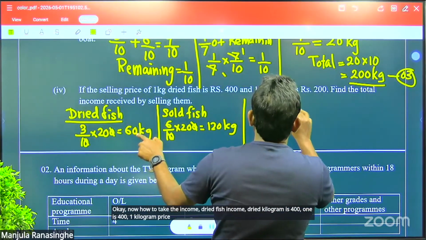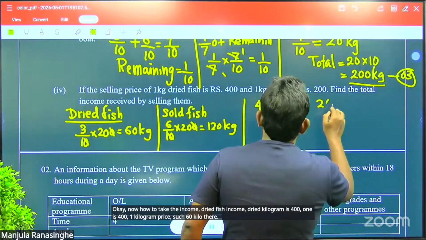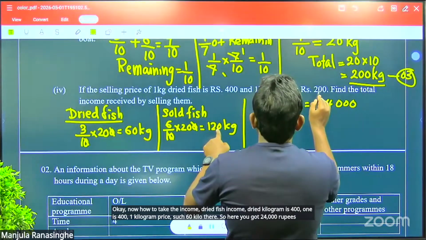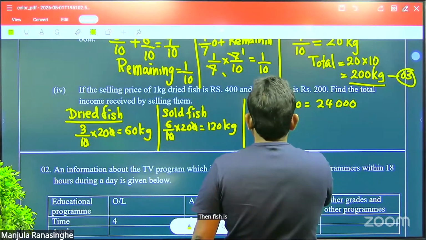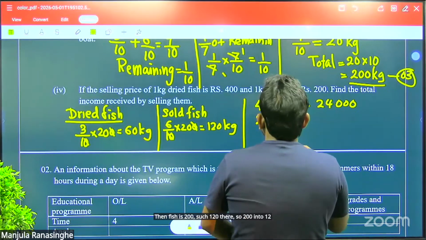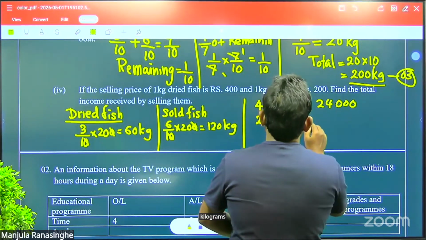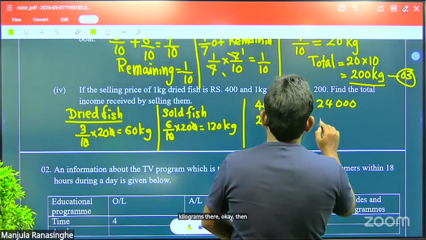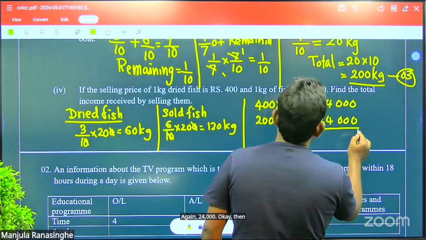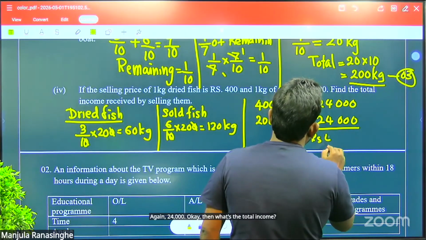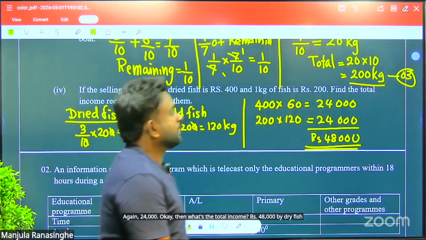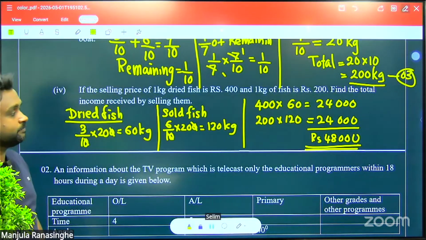Such 60 kilos there. So here you get 24,000 rupees. Then fish is 200, such 120 there. So 200 into 120 kilograms there. Okay, then again 24,000. Okay, then what's the total income? Rupees 48,000 from the dry fish and the normal fish selling income.